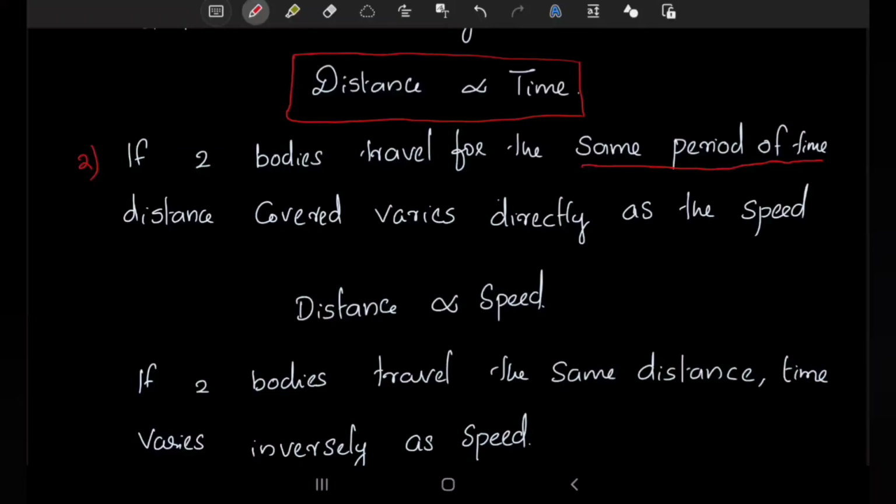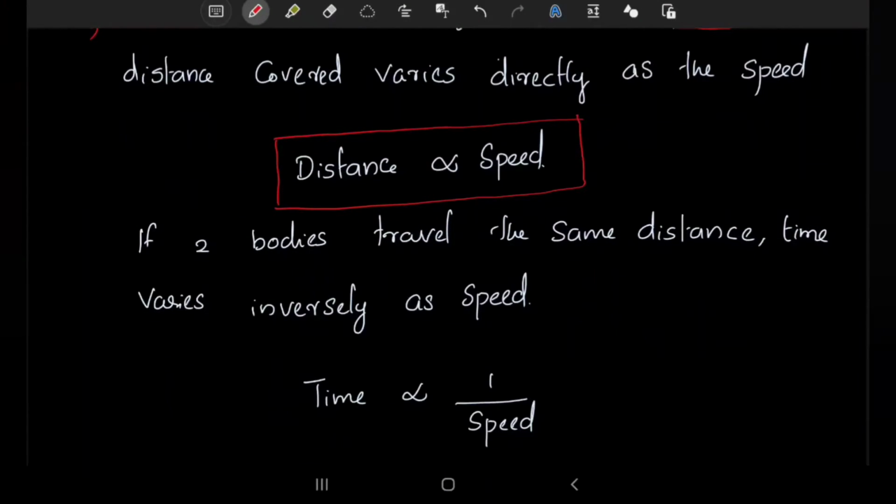As the speed increases, the distance covered is higher; if the speed is less, it covers a smaller distance. So distance is also directly proportional to speed.